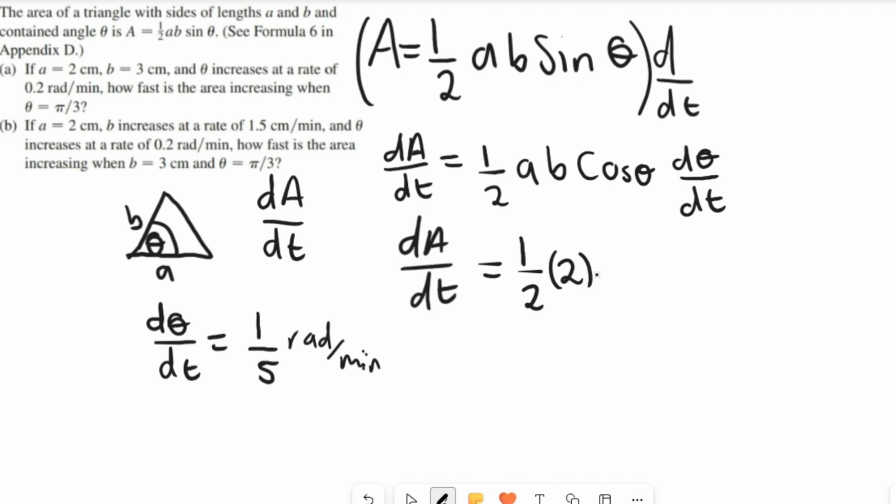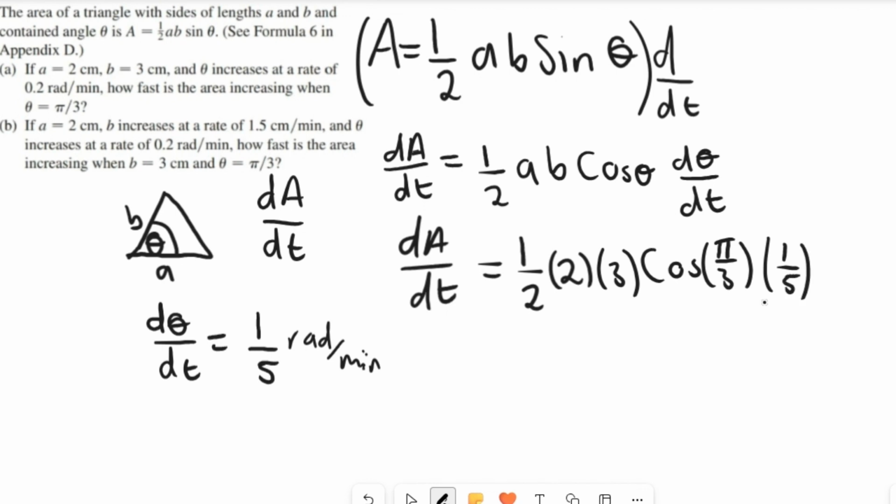You can just put the final unit that you know, which is centimeters squared, because we're given centimeters, per minute. So you just put half, A is 2, B is 3, and then you put cos of pi over 3, and you close the bracket, and then you multiply this with d theta dt, that is just 1 over 5.